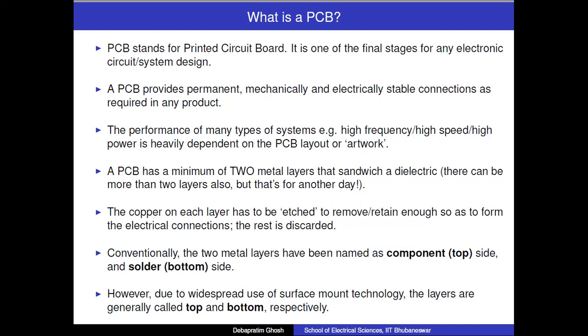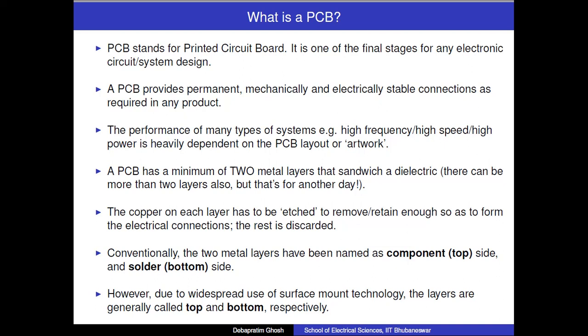So the way we are laying out the PCB, that is called the artwork. So the way the artwork is designed plays a very important role in the functioning of the PCB. Now conventionally, a PCB has a minimum of two metal layers.